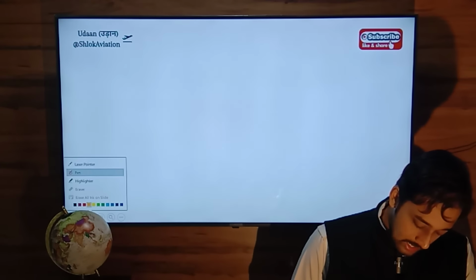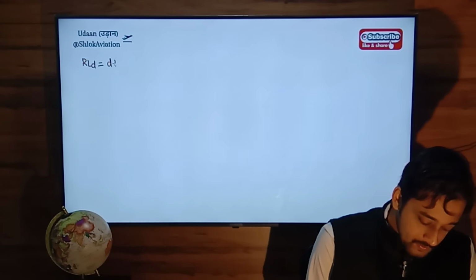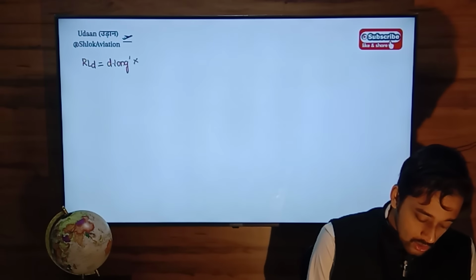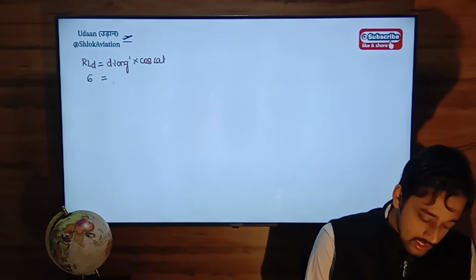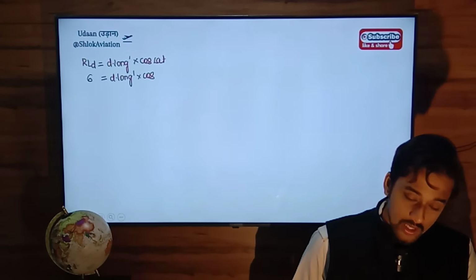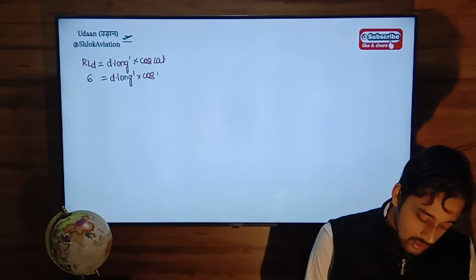So let's find rhumb line distance, which is d long in minutes into cos lat. Distance is 6 nautical miles, d long in minutes into cos. Both are at same latitude. So cos of 58 degree 42 minutes.